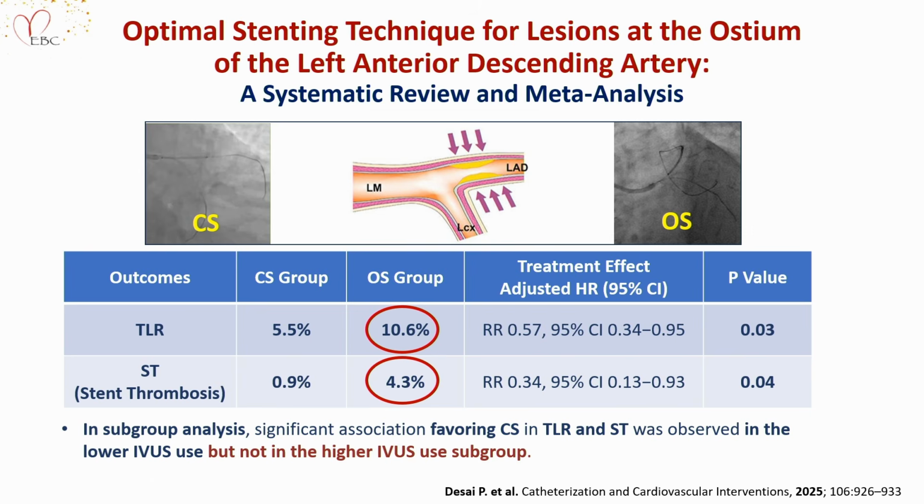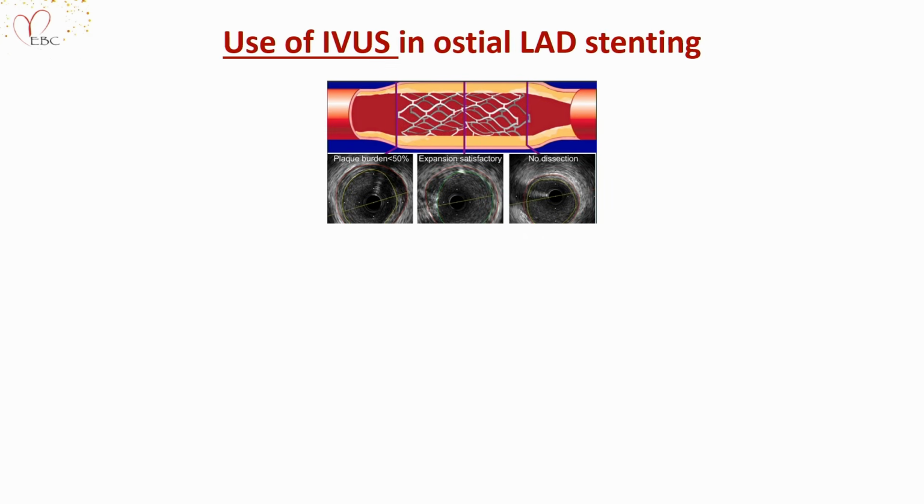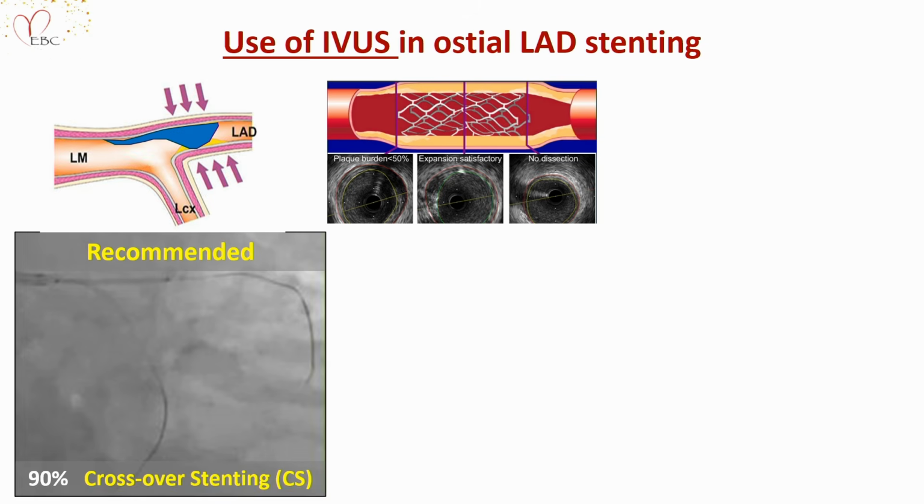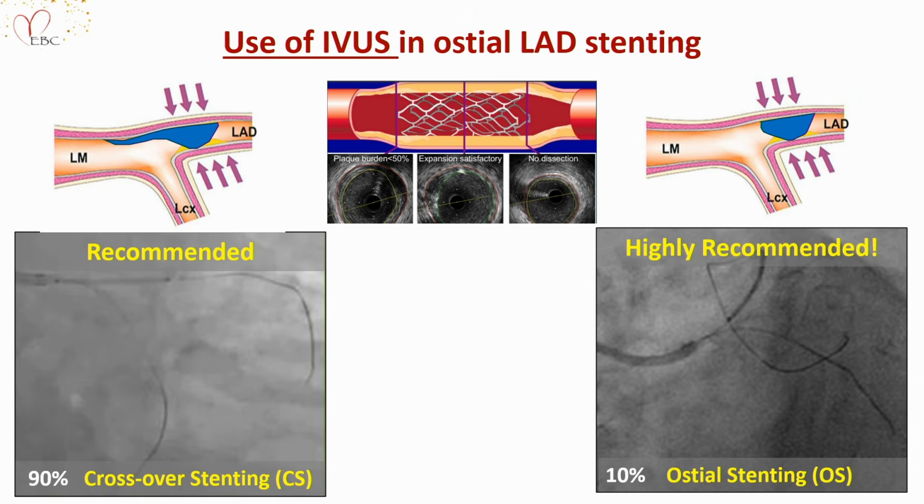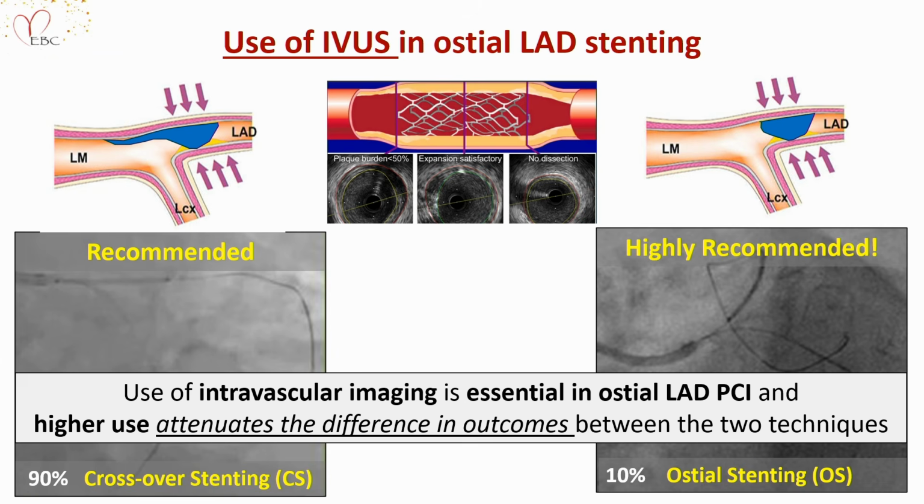So the conclusion is use of IVUS in ostial LAD stenting. In 90% you do crossover, IVUS is recommended, but I say it is highly recommended when you do ostial stenting. The conclusion: use of intravascular imaging is essential in ostial LAD PCI, and higher use attenuates the difference in outcomes between the two techniques.